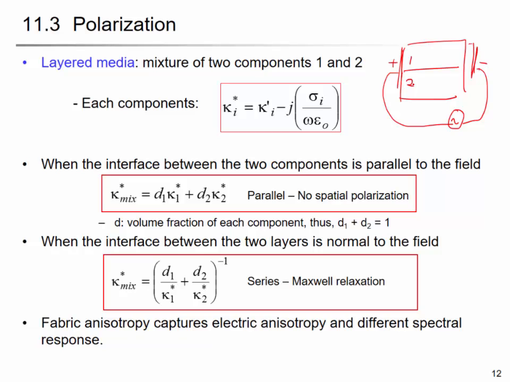And we derived this equation for the electrical conductivity in the last class, right? For the layered media. You can just replace the kappa with the sigma, then you have the effective conductivity for the mixture.